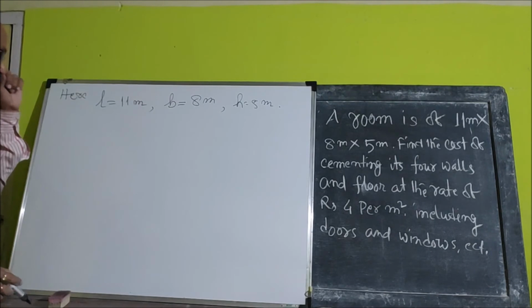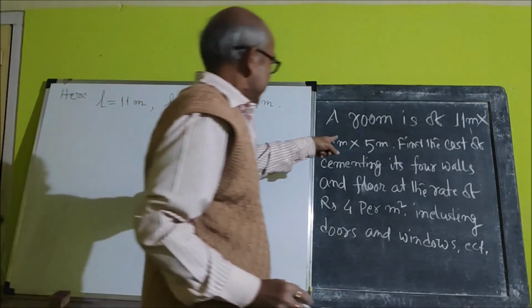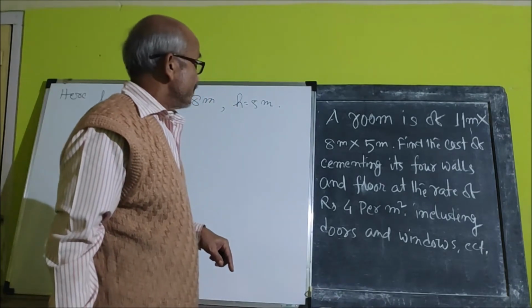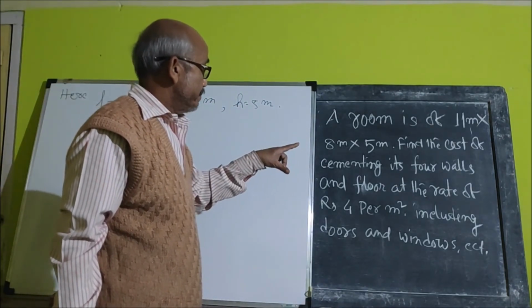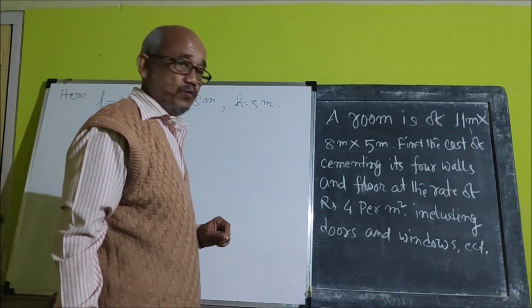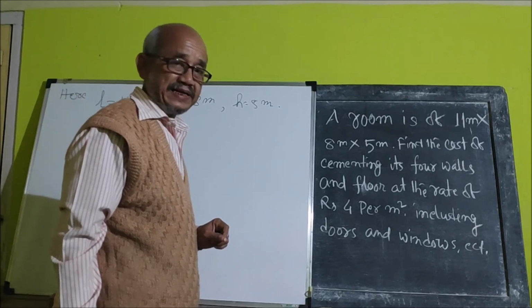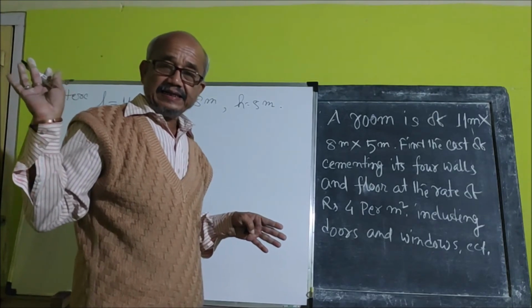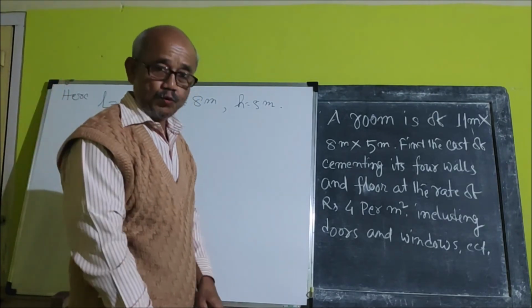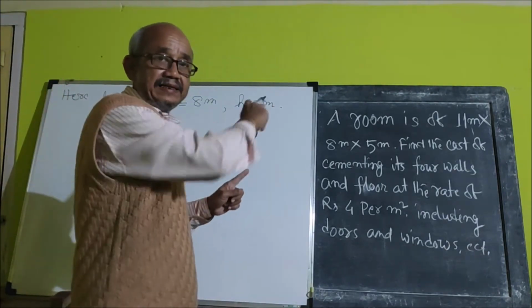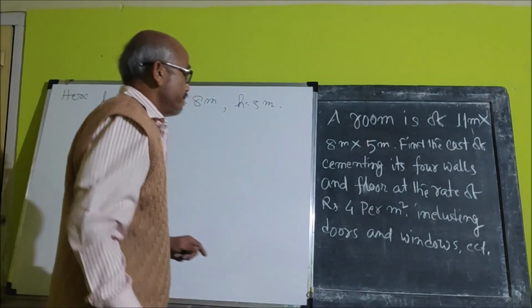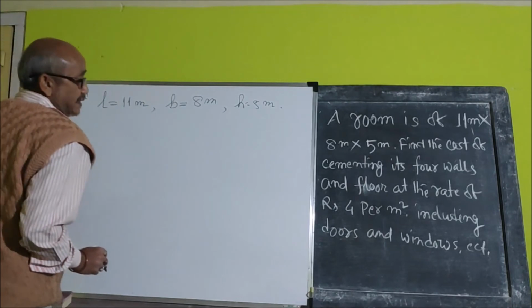Now the area of the 5-sided figure: 4 sides are the lateral area and the extra one is the floor, so a total of 5 sides.